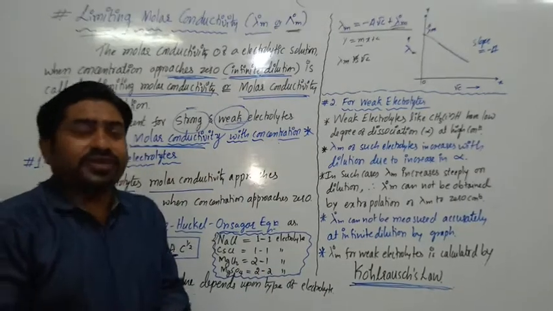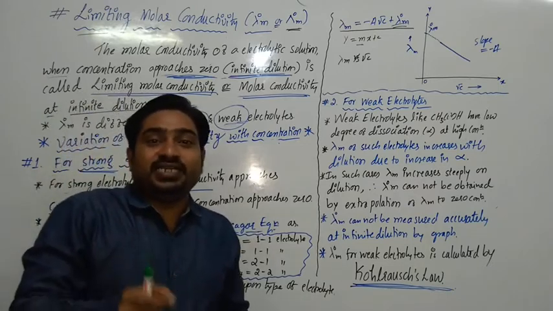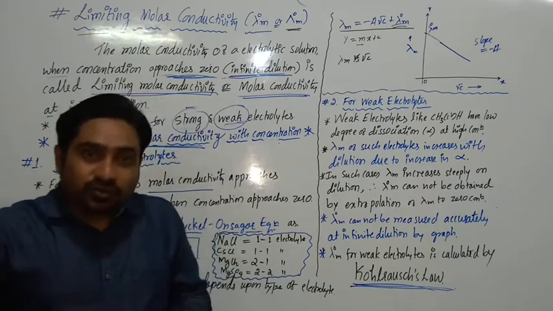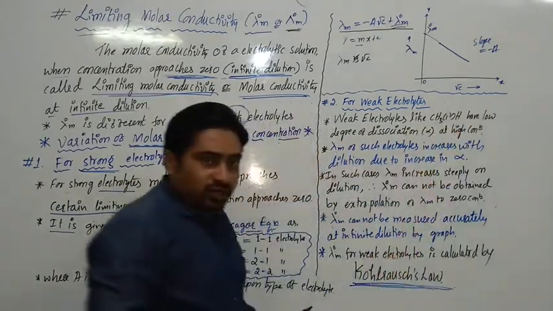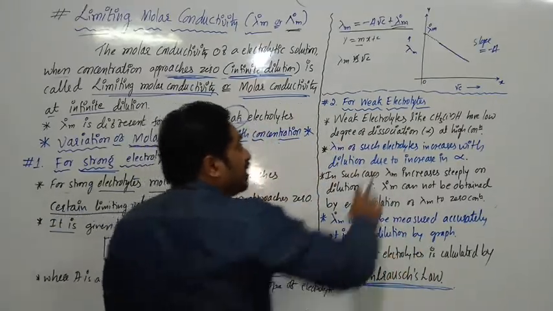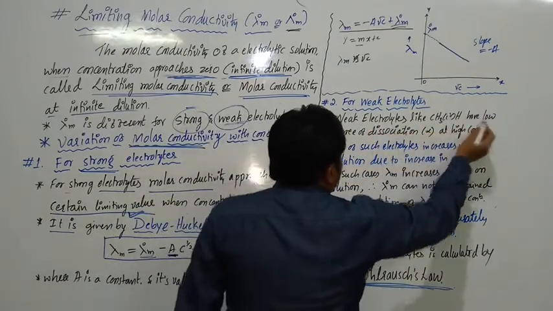A weak electrolyte is an electrolyte which is partially, incompletely dissociated in the aqueous solution.